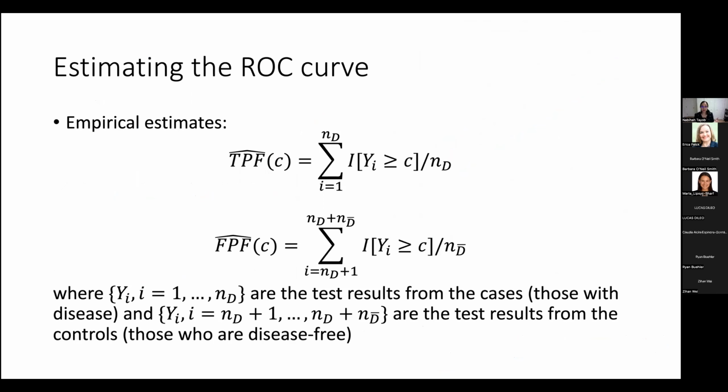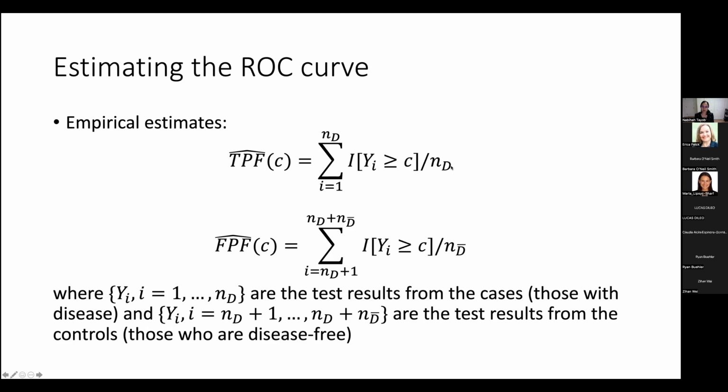Essentially, the true positive fraction and the false positive fraction are proportions. We use an indicator variable that is 1 if the biomarker is above the threshold, 0 otherwise. So essentially what we do is we count how many times the biomarker is above the threshold in the patients who have the disease.